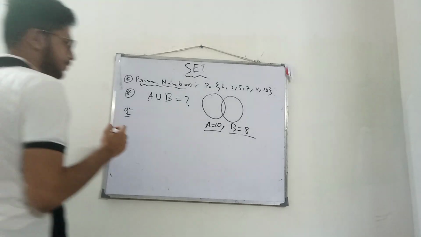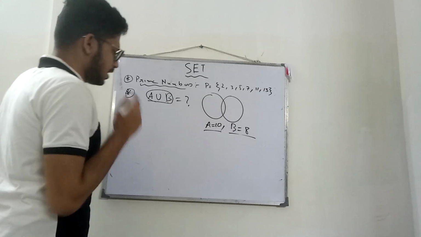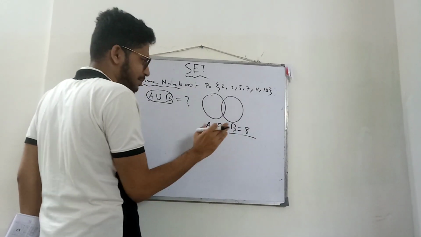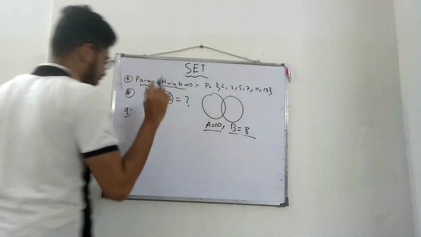Now we have to find A union B. A union B means two circles are slightly overlapping. This we can denote with A union B. This is a basic function of sets.